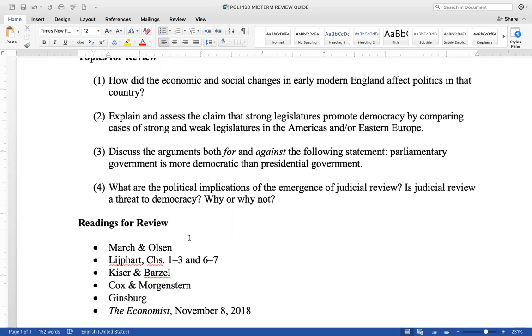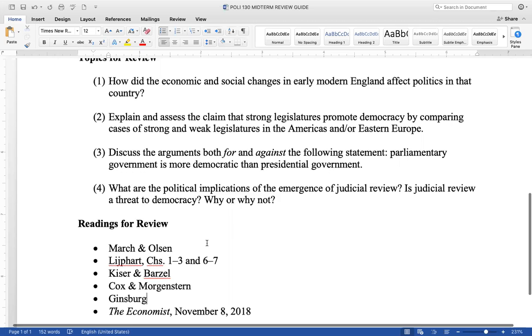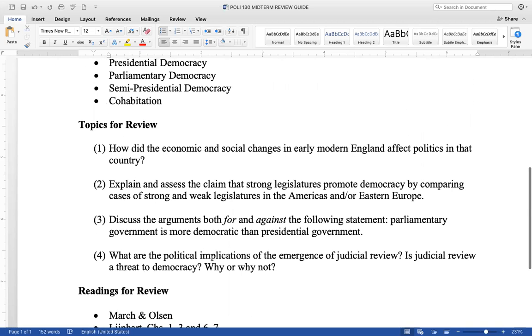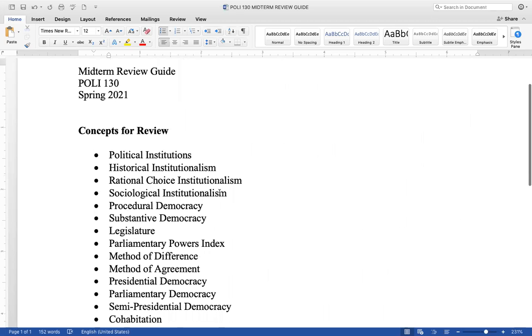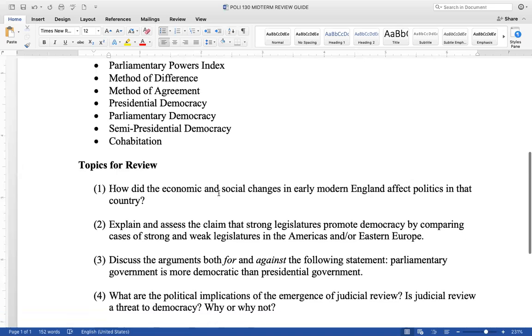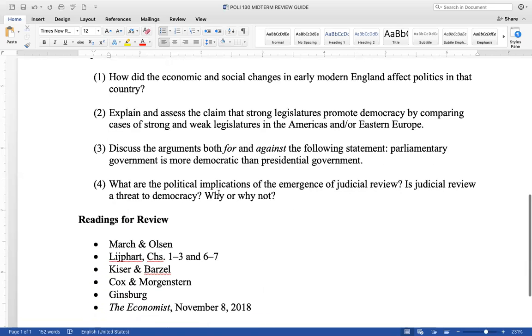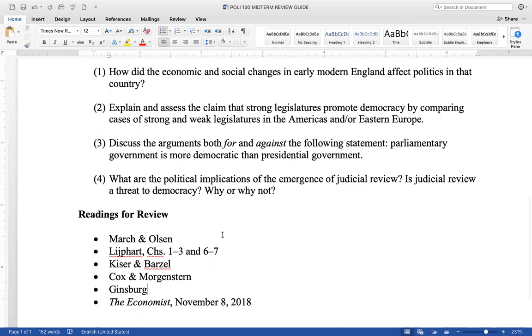So if you've been completing the reading on time, you're probably in great shape, although I encourage everyone to review the reading in preparation for the exam. If you're an individual who has yet to do the reading, be prepared to read that reading and use that reading in your responses on the exam. It simply is not acceptable to write an exam that doesn't demonstrate knowledge from the reading if you want to do your very, very best on the exam.